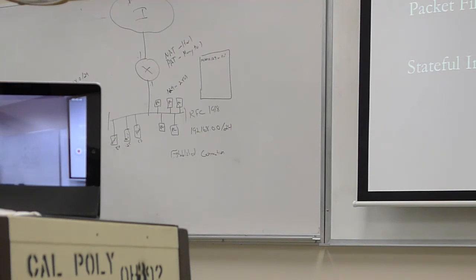Let's say we have a firewall rule set. We have to open up port 80 for outside vendors or the public to see our website. We have to open up TCP 25 for mail to come in, for mail service.